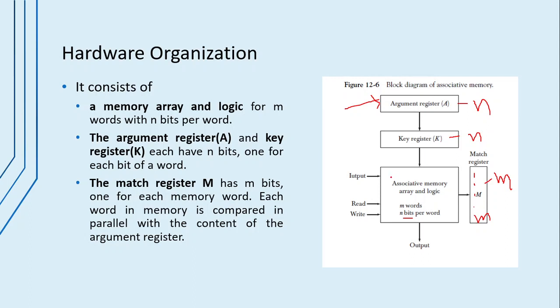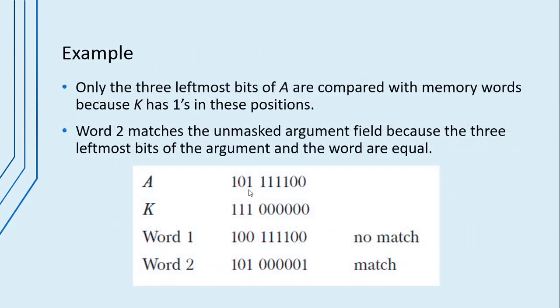We will see one example. In this example, A is the argument register. We want to search for the word 101, and the key register is 111, so we want to check for just the first 3 bits and we have masked the other bits.